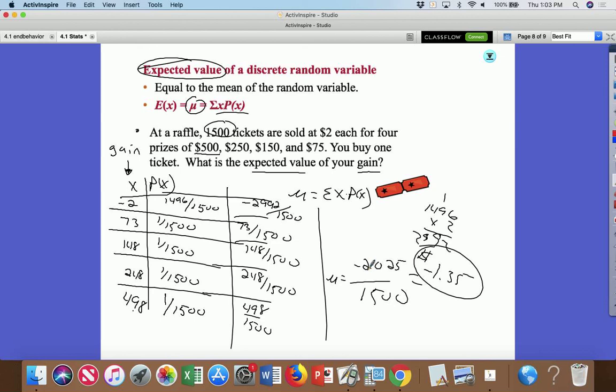So if you took 1.35, the average loss per play, times 1500, what do you get? What do the people lose on average to the people running the thing? You know what it is? Negative 2025. Okay. Now think about this. How much is the company bringing in altogether? 3,000.